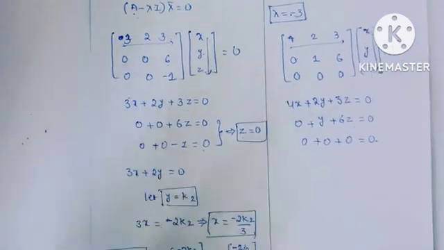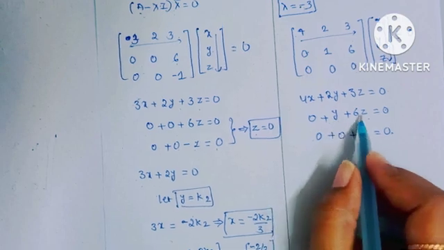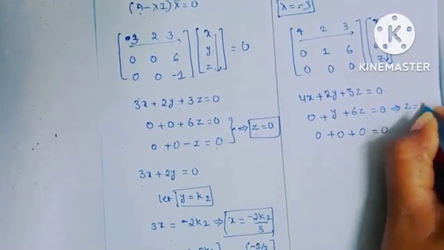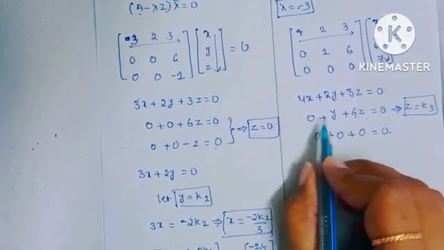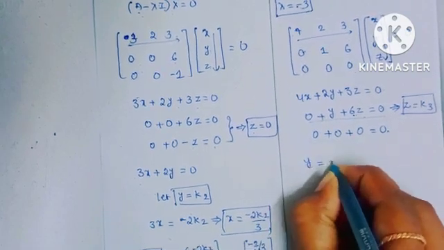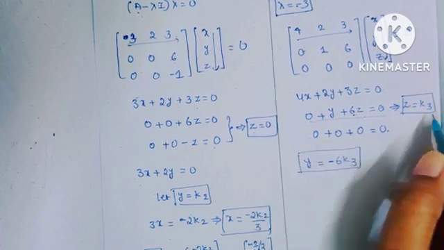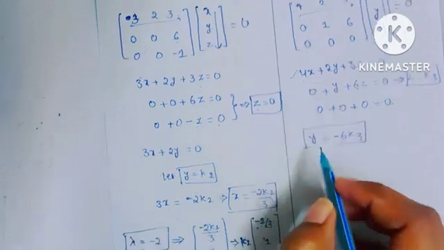So let us assume any one value. Here we are assuming z equal to k3. By substituting z equal to k3 in this equation, we will get y equal to minus 6k3. And we know the z value and y value, so we can find the x value from this equation.